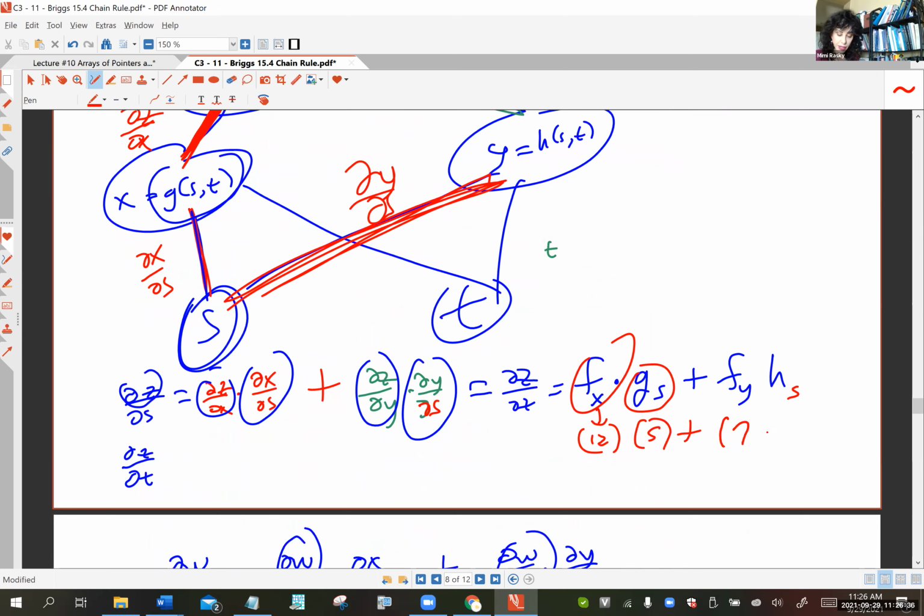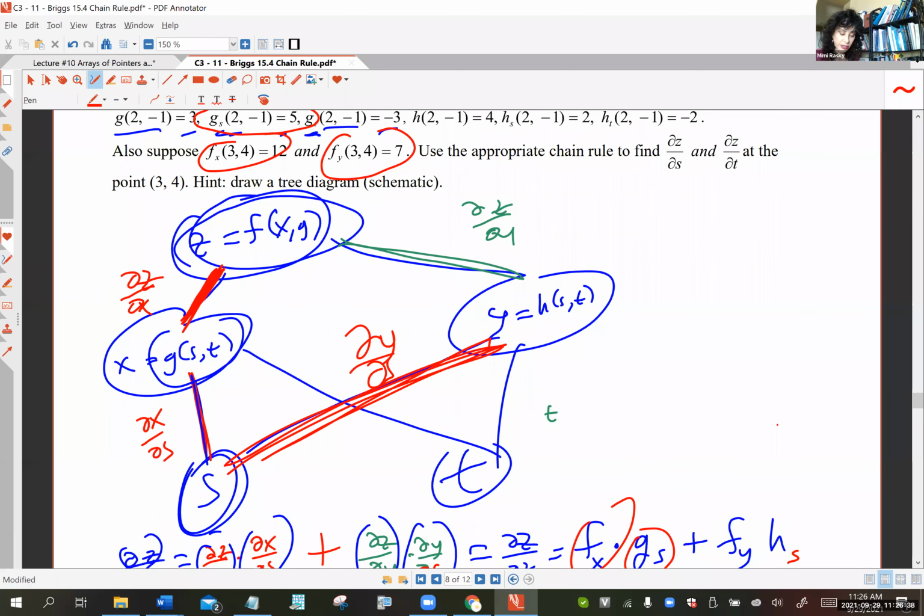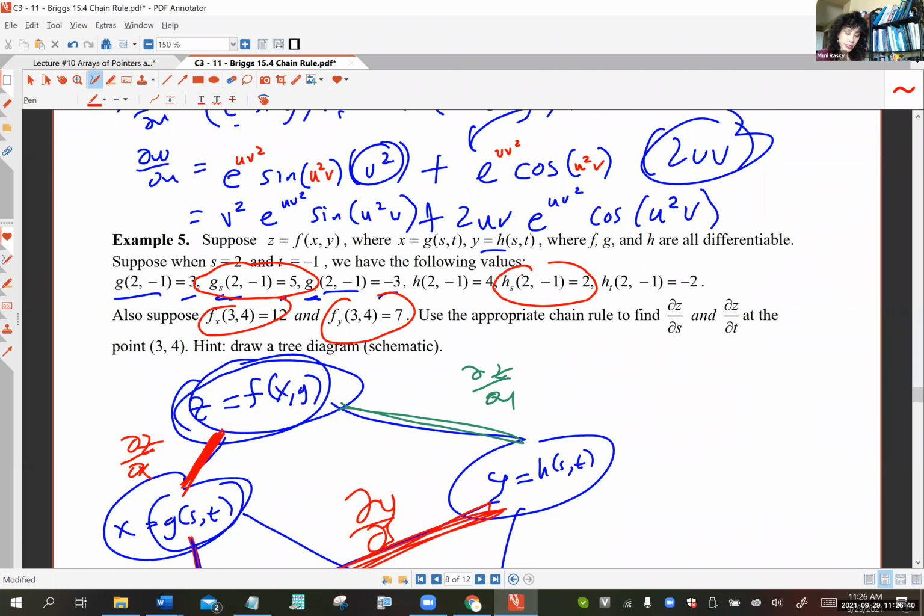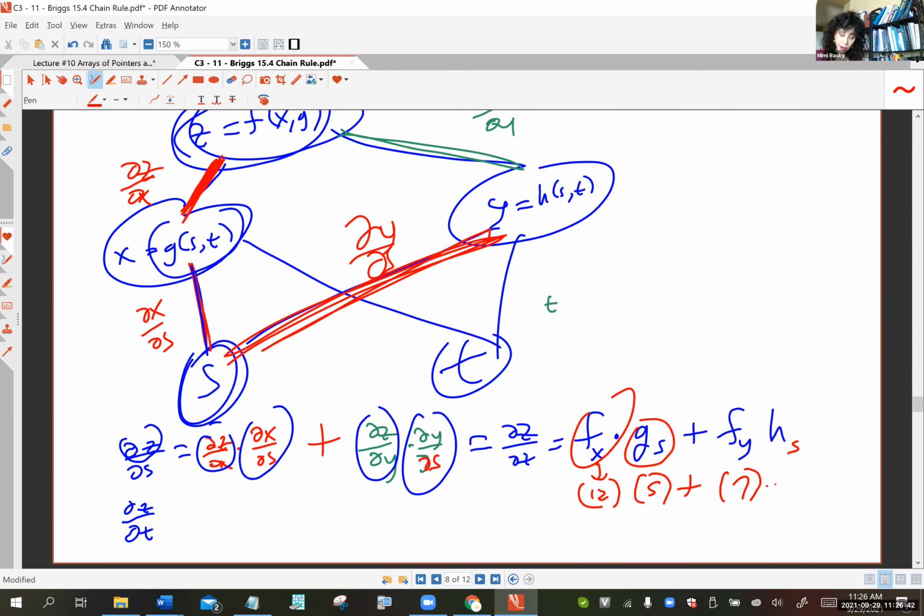All right. And then h_s was a 2. Okay. What's 12 times 5 plus 7 times 2? I get 60 plus 14. I get 74. Bingo. That's one of the answers. That's the partial of z with respect to s. Didn't even have to take any derivatives. Ha ha! But I did have to know my tree diagram.